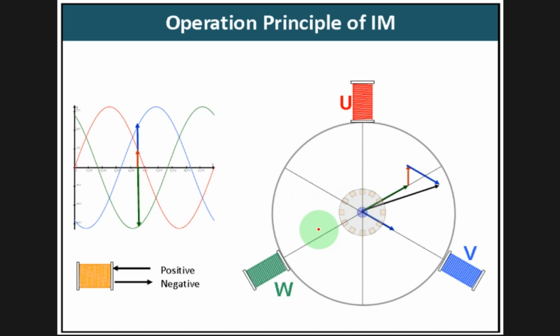So according to this convention, green is negative, so it is outward. Red and blue are positive, so they are inward. The red one should be somewhere here. So the resultant will be green plus red plus blue, and it will be somewhere here.